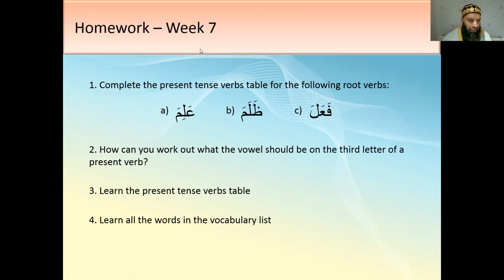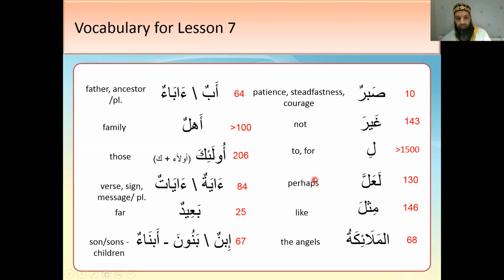We just got a question here. Can I see the vocabulary, please? This one. So abun, father. Ahlun, family, like Ahlul Bayt, the family of the Prophet ﷺ. Ahl means family. Ulaika, you just have to learn, Ulaika means those. Ayatun, verse. Ba'id means far away.